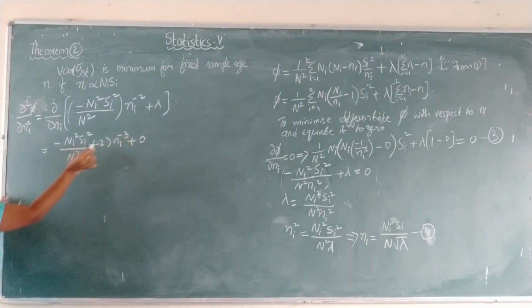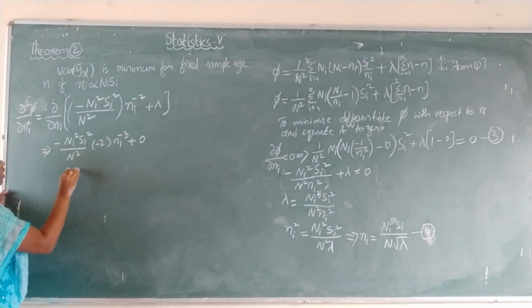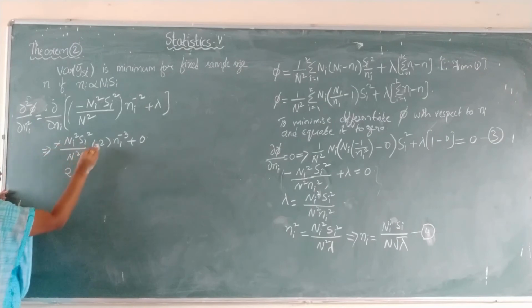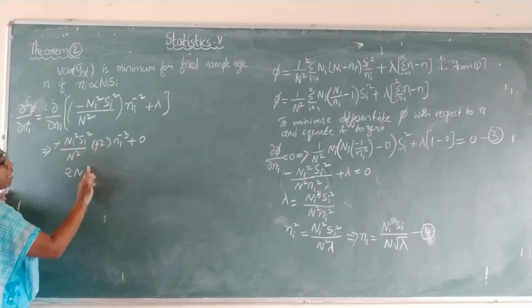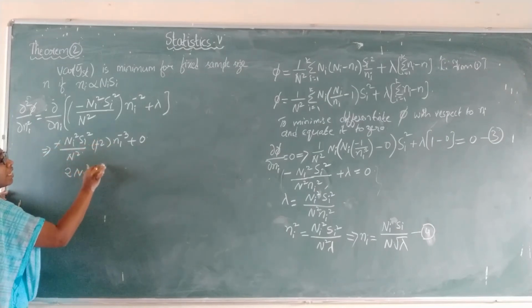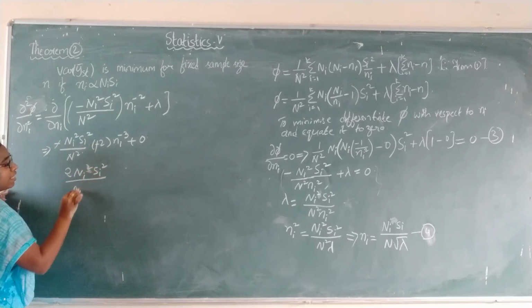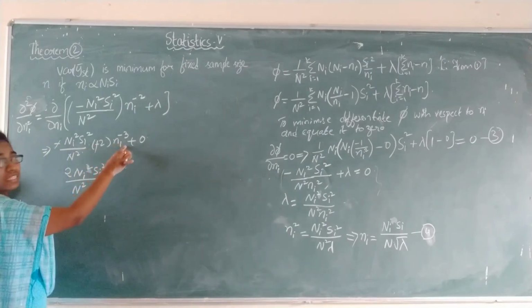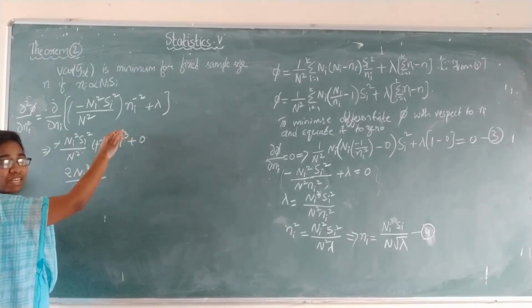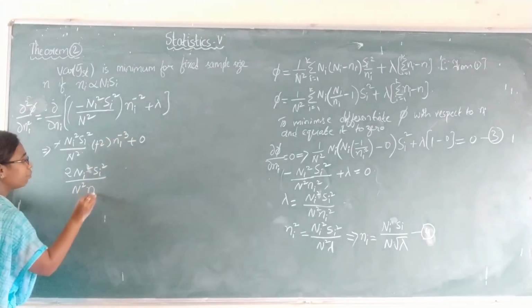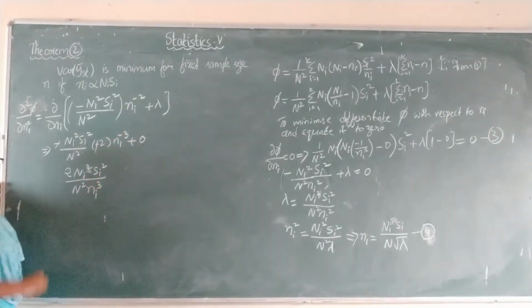Now if you observe, minus into minus is plus. So you will be getting this value as 2 into Ni square into Si square by N square into ni power minus 3. If it goes to the denominator, it becomes ni power cube.